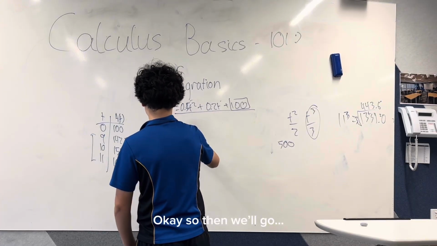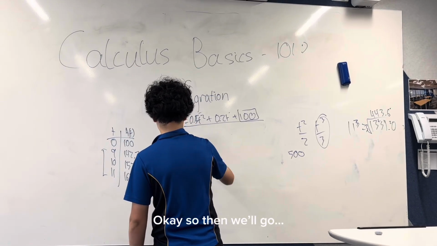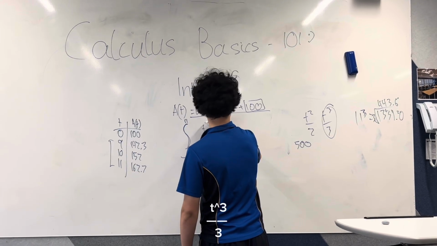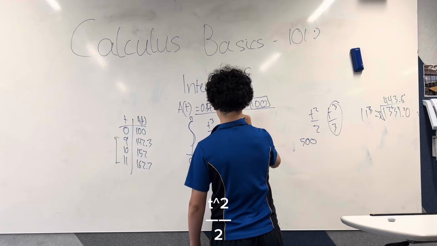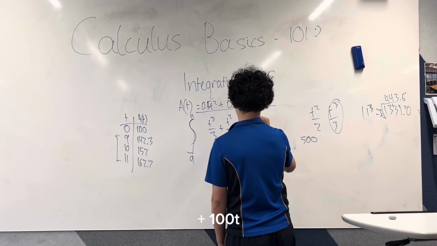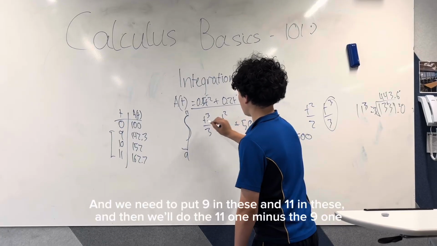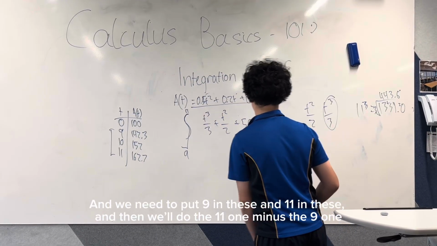Okay, so that will be t cubed over 3 plus t squared over 2 plus 100t. We need to put 9 in these and 11 in these, and we'll do the 11 one minus the 9 one.